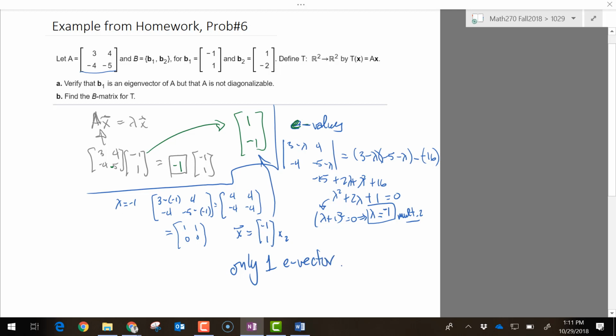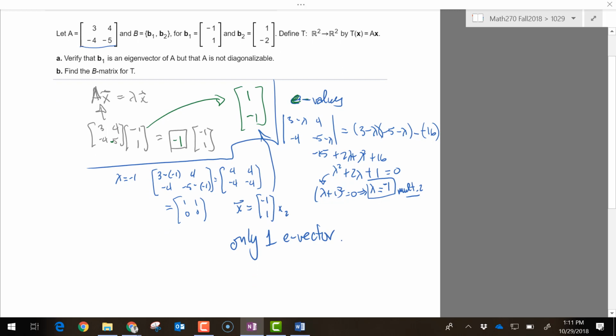It doesn't match up. We don't have the same dimension as the two-dimensional space. It didn't match up with the multiplicity. So the conclusion here is not diagonalizable.